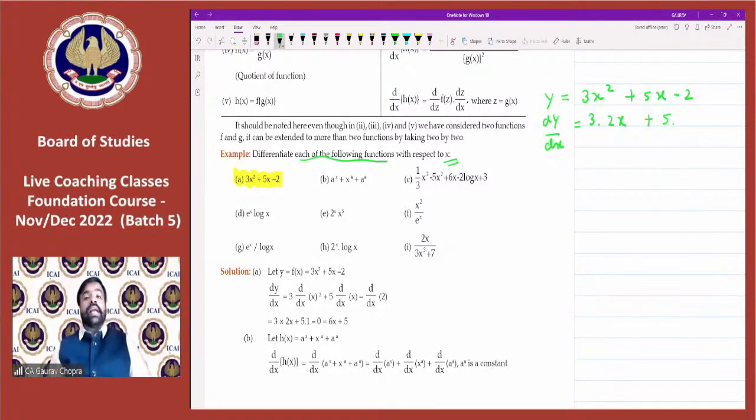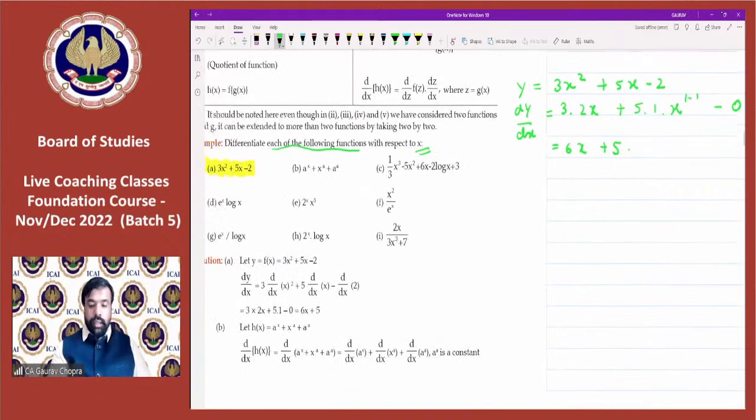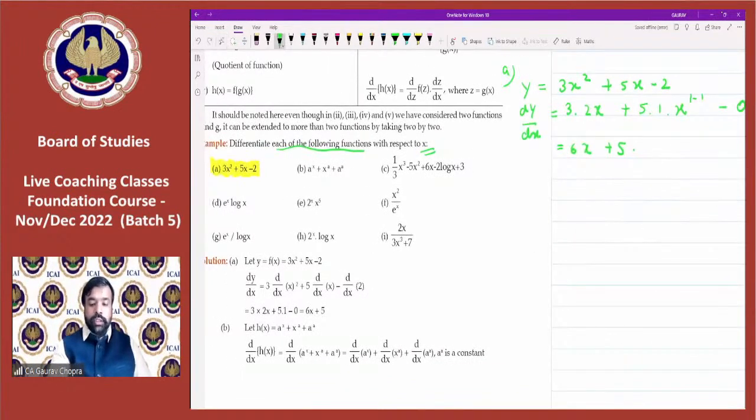Now the power of x is 1, so 1 will come forward and the power of x will reduce by 1. Minus 2: 2 is a constant and the derivative of a constant is 0. So what will be the final answer? 6x plus 5, because x to the power of 0 is always 1. Okay. Clear? So this was example number A.